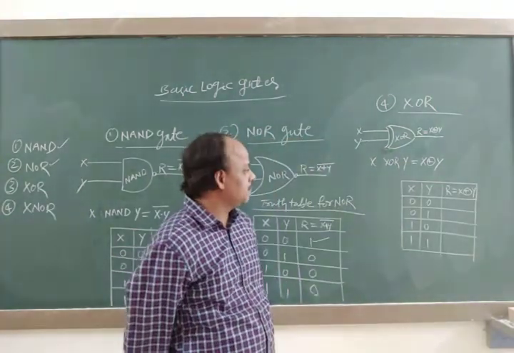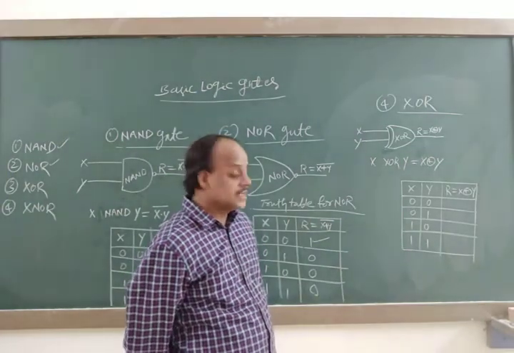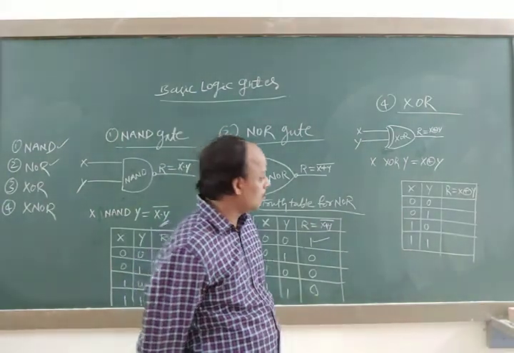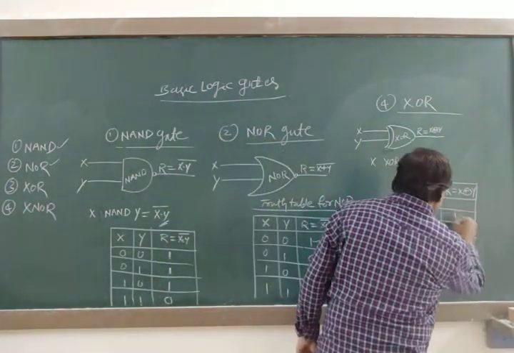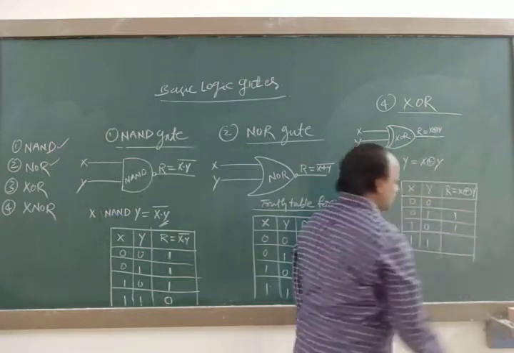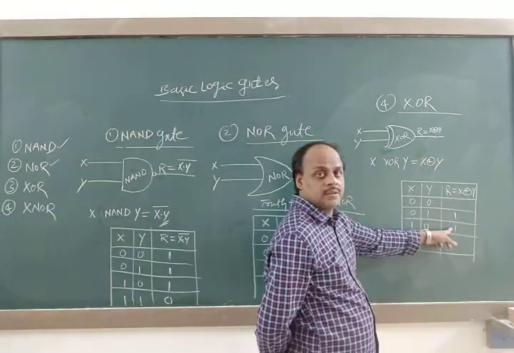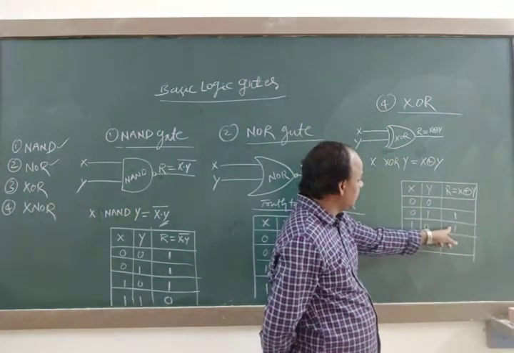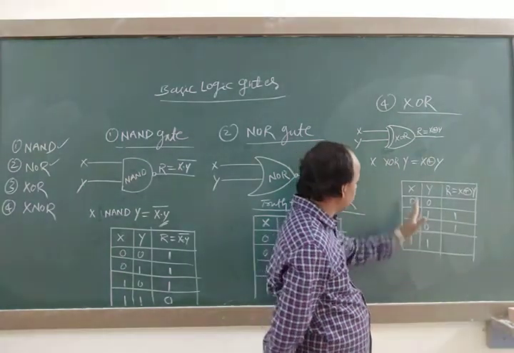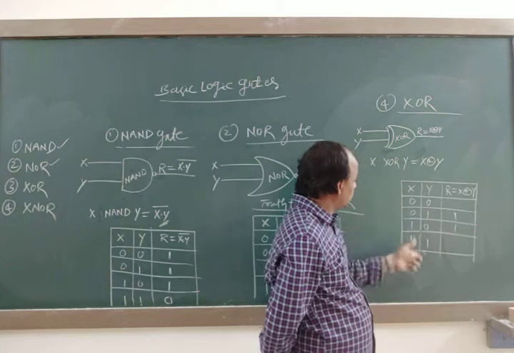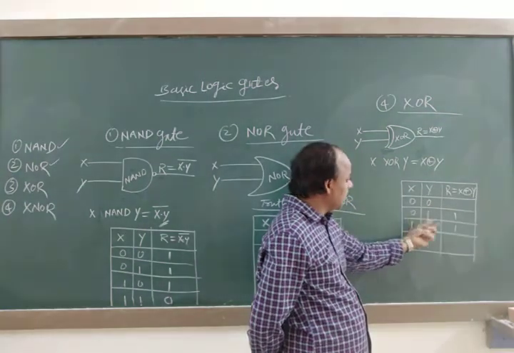We can say that the XOR gate is one of the derived gates in which the result is high for an odd number of ones. See here, the result is high for an odd number of ones. Means in the XOR gate the result is high only for an odd number of ones in the input combination. See, X and Y are the input combination. If odd numbers of ones are there in the input combination column, then only the result is high.